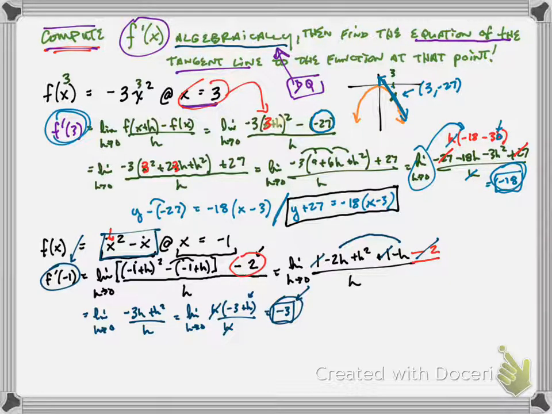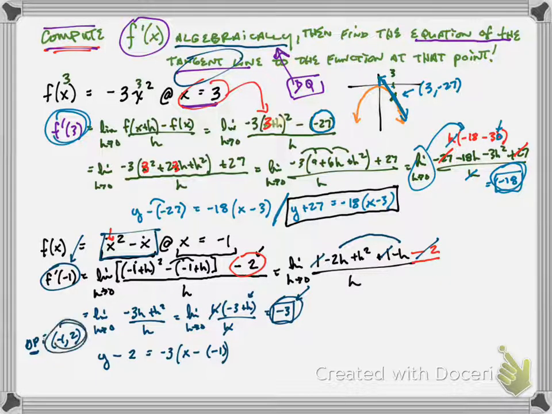Now, last but not least, we do want the equation of the tangent line. To find the tangent line, we're going to say y minus our output. And recall that our output was 2. Y minus 2 is equal to m, negative 3, times the quantity x minus, and in this case it's going to be negative 1. We've got to subtract negative 1 because the ordered pair that we're looking at was negative 1 comma 2.